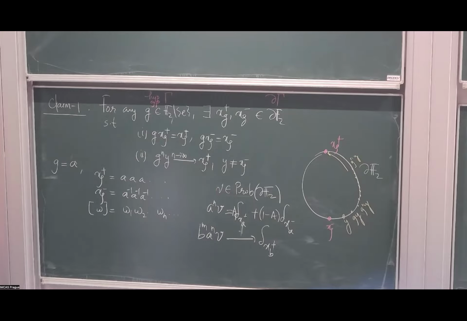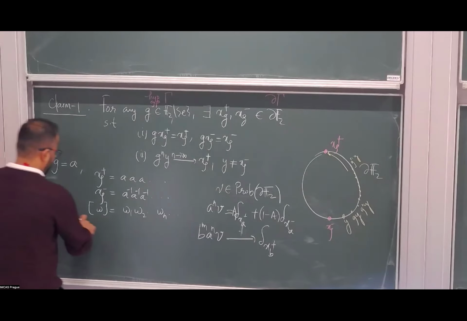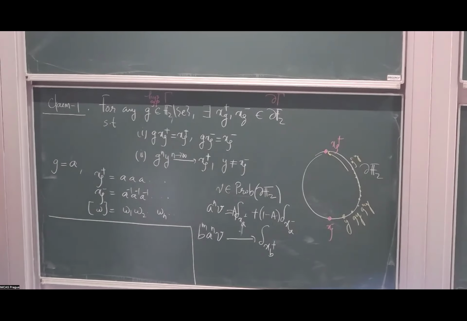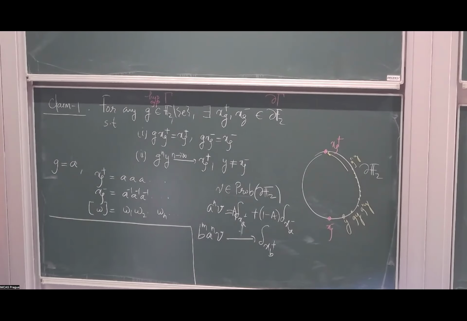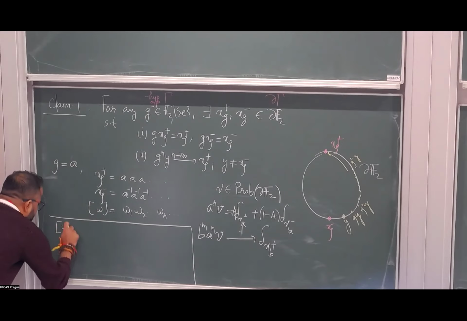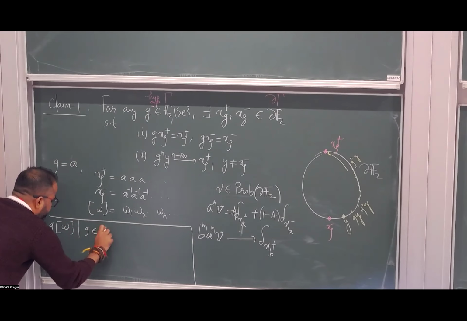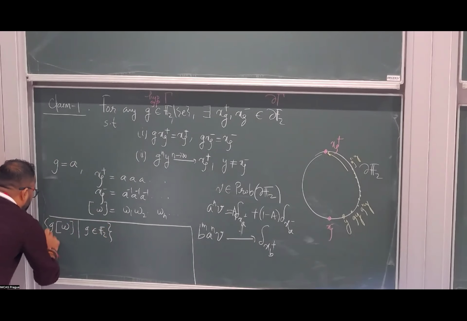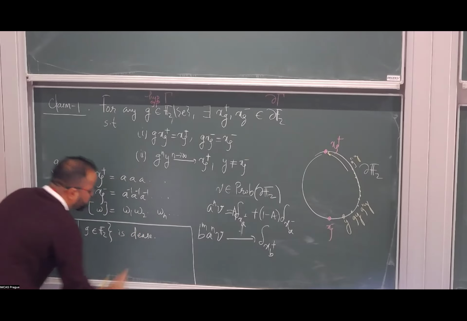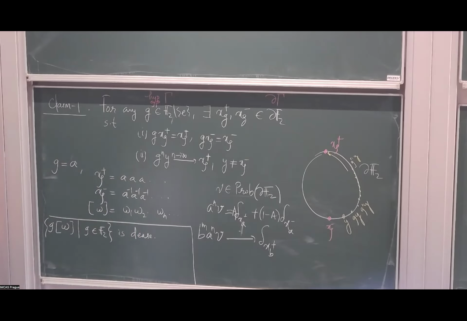Okay, now minimality becomes a simpler exercise. So what do I have to do? As Aaron said, I have to show that the orbit is dense, right?